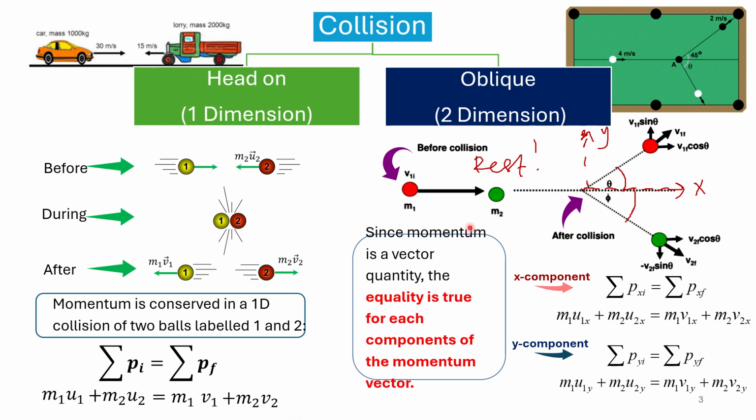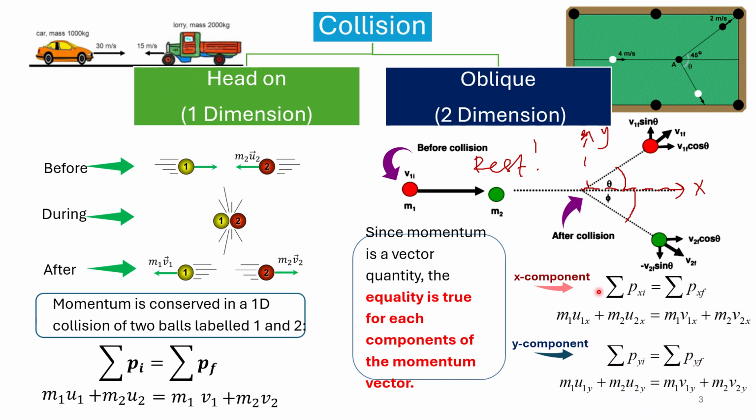Since it is two dimension and we know that momentum is a vector quantity, we have to write the conservation of linear momentum one for the x component, and another one for the y component.